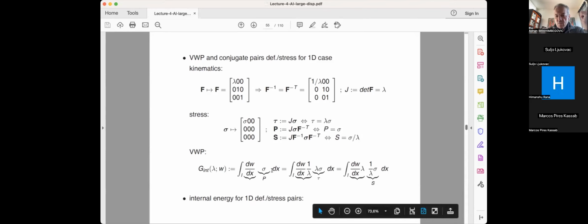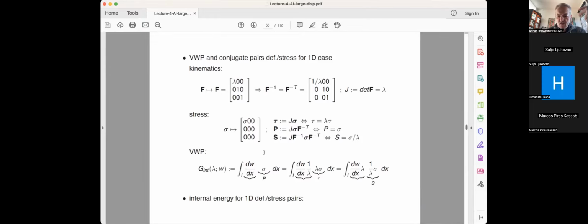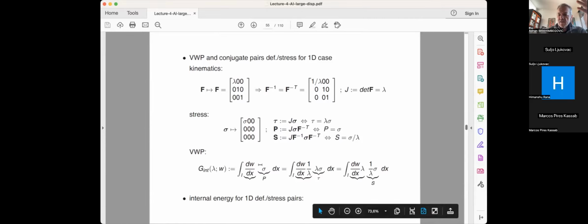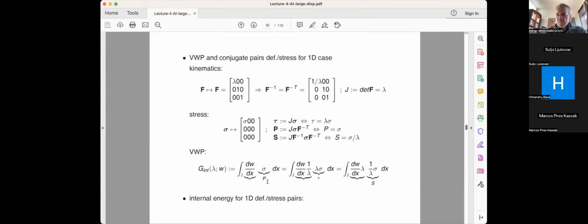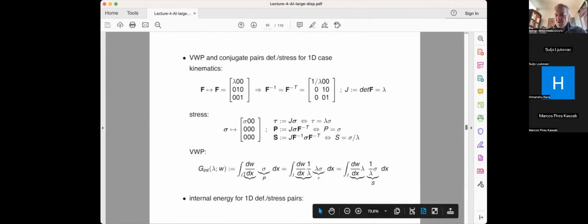So you can write the work of the internal forces either as the true stress times the virtual displacement gradient with respect to the deformed configuration. You transfer this into the initial configuration. You get the value of the stress in the material configuration, which is the same as P, and that becomes dW dx, integrating over the initial configuration.